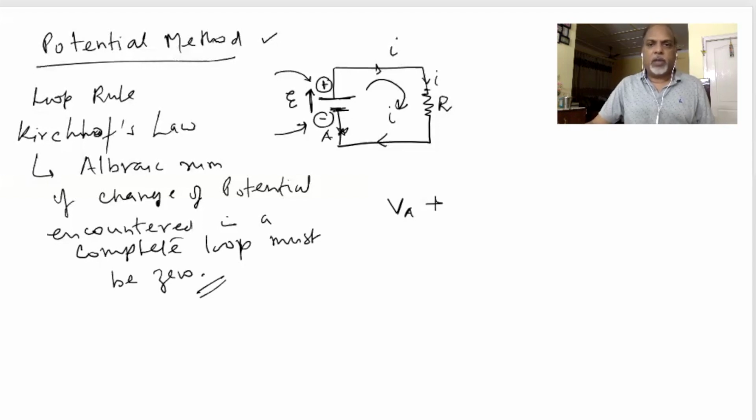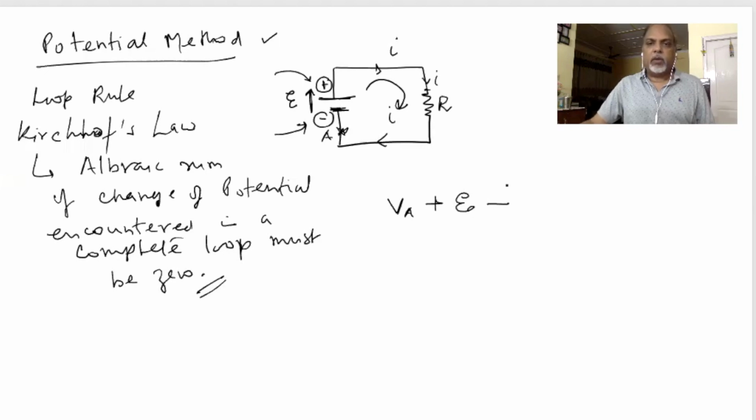This battery is there, and you are moving from the negative terminal to the positive terminal, which means voltage is increasing, because the negative terminal has low voltage and the positive terminal has high voltage. Since potential is increasing, this will be plus.